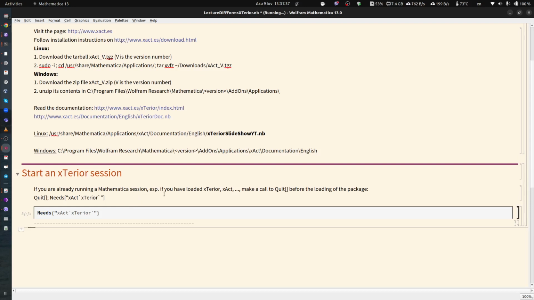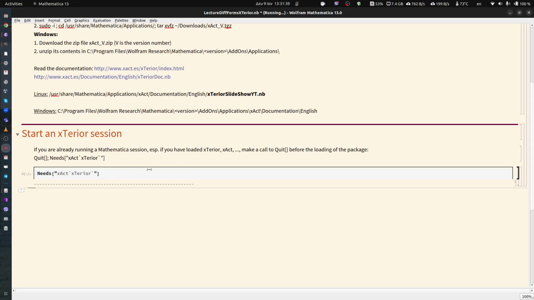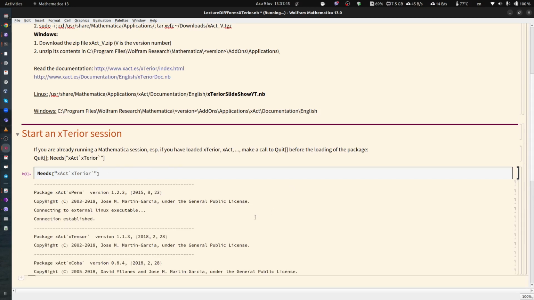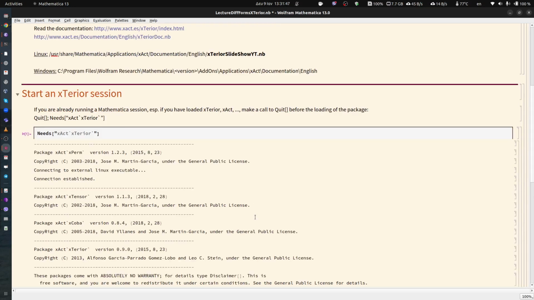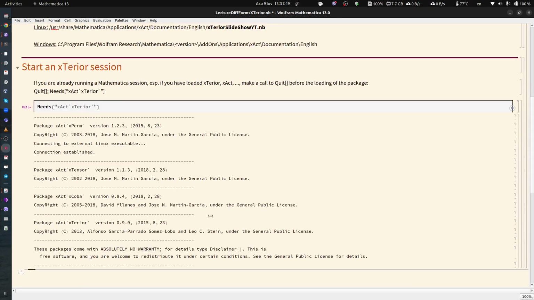So if you start Mathematica from a fresh start, then evaluate this cell. It takes some time to load. It's a large package. If everything is fine, you will see all those messages. You see that several other packages are loaded.